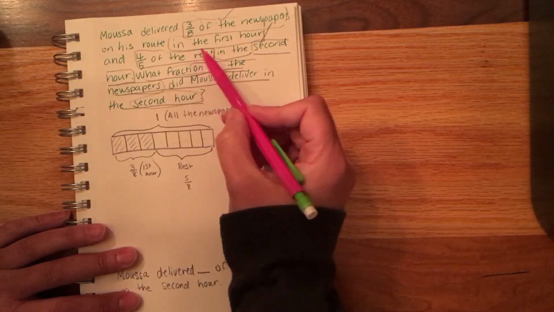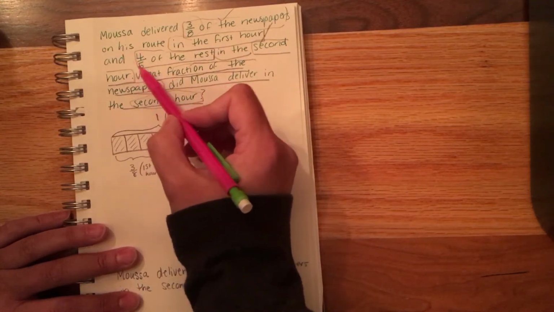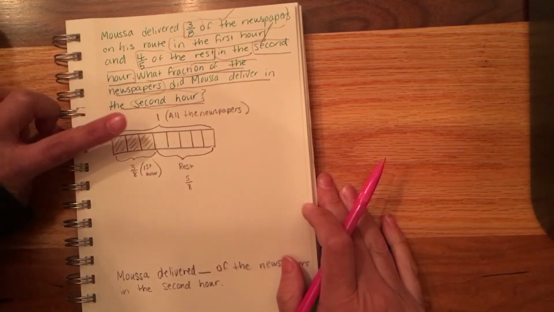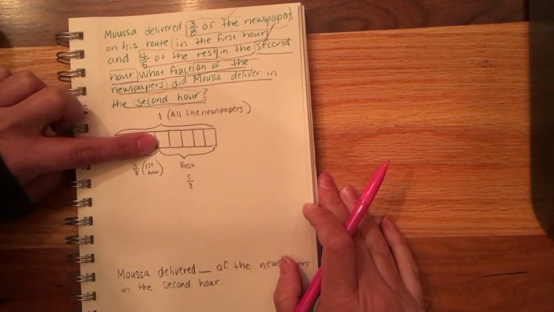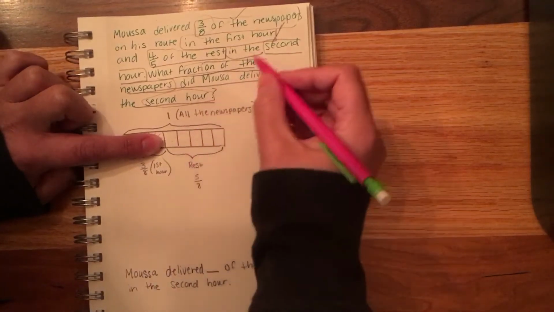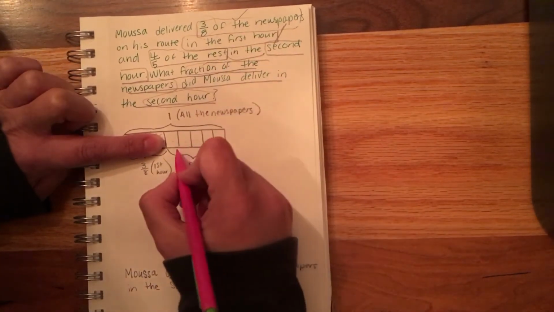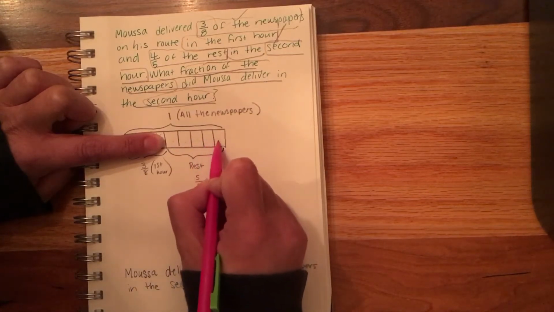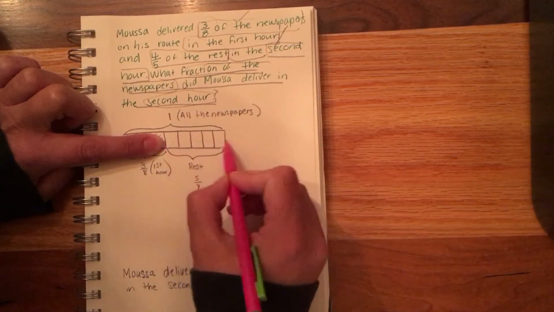Now it says he's going to deliver 4/5 of the rest in the second hour. Well, if I cover up what he's already delivered and just look at the rest, it says 4/5 of the rest. If you look at the rest, we notice that there's 1, 2, 3, 4, 5 equal groups there.